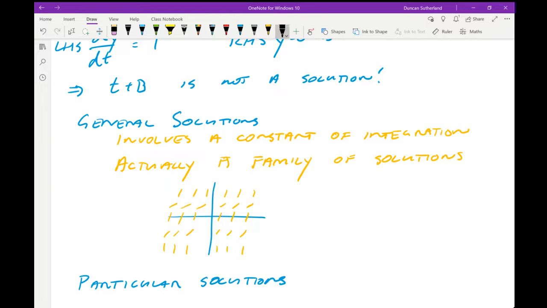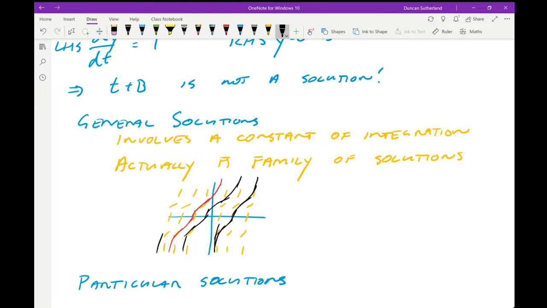So we've got this family of solutions that sort of come along and do that. It's a pretty weird looking solution, but it is what it is. So this red line is one particular solution.